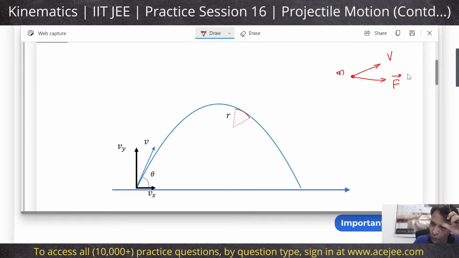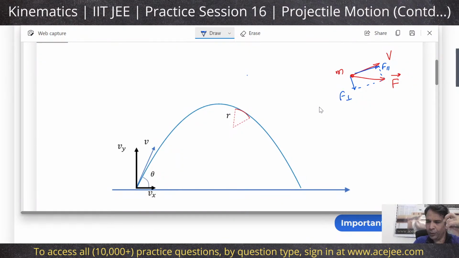Now if I were to split the force into two components, one component is this one, and the other is this one. I'm going to call this F parallel and this F perpendicular, that means perpendicular to the velocity.